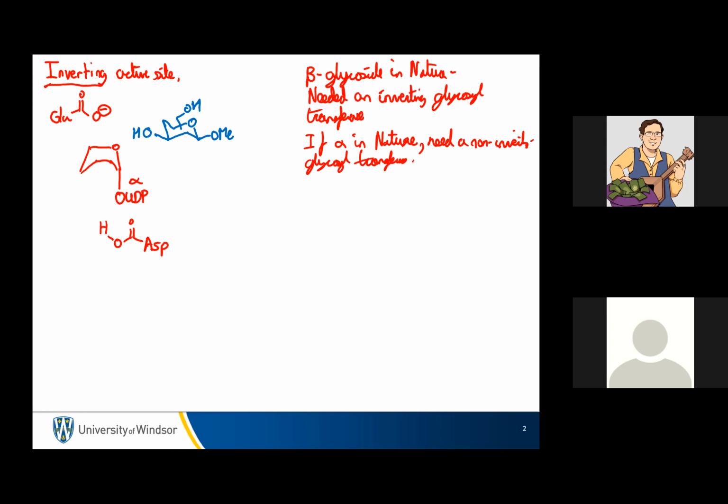So thinking about this and how this looks, any suggestion on the mechanism that might occur for this inverting reaction? I'm going to draw out the first. I can't because I've saved this image.